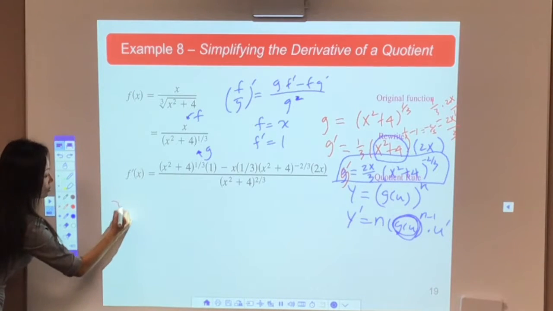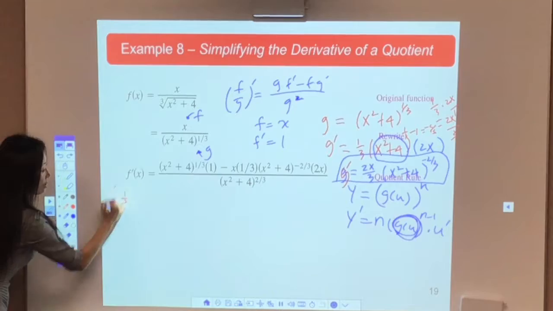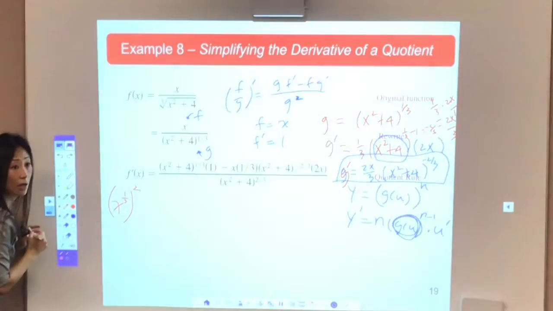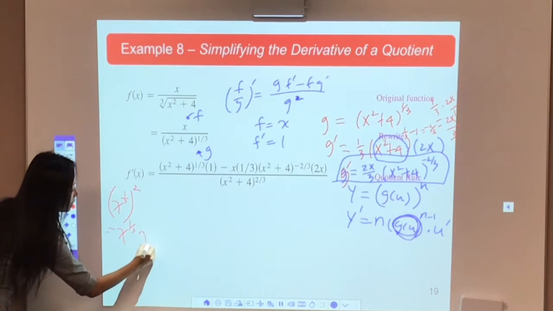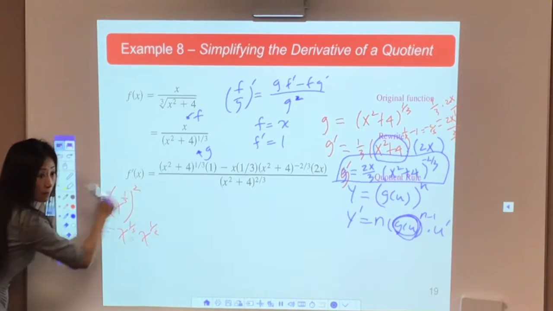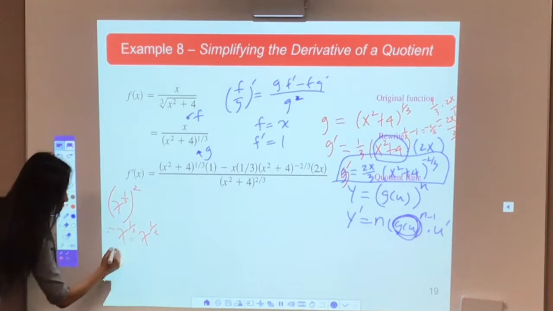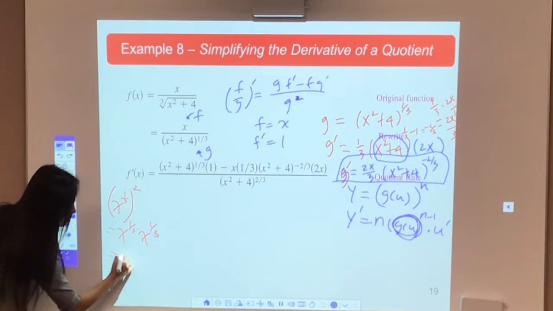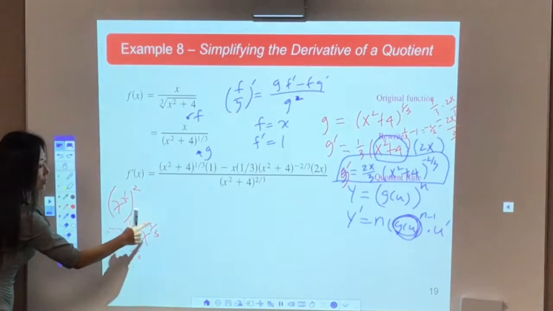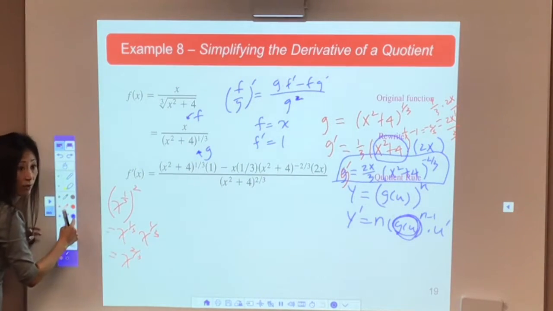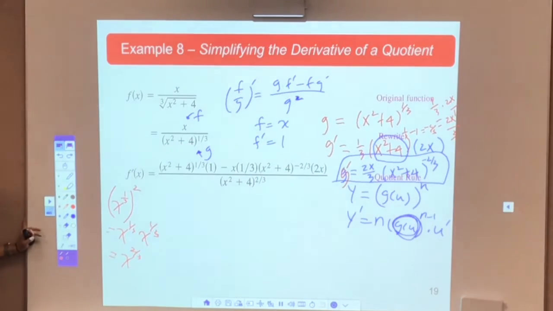So you have x to the 1/3 to the second power. That really means x to the 1/3 times x to the 1/3, two of them. So what's that equal to? X to the 2/3, because 1/3 plus 1/3 gives you 2/3. Everybody with me?